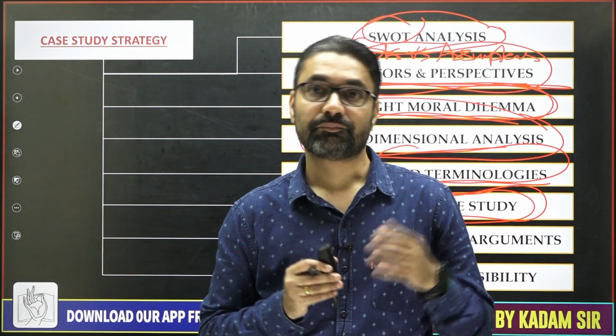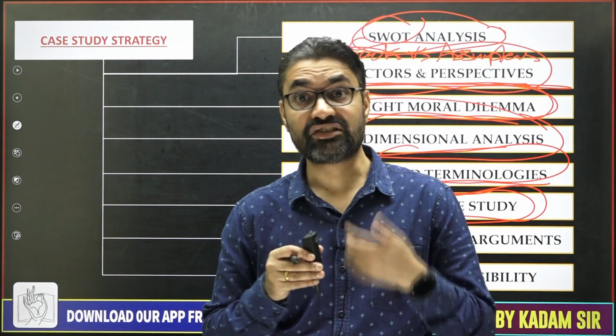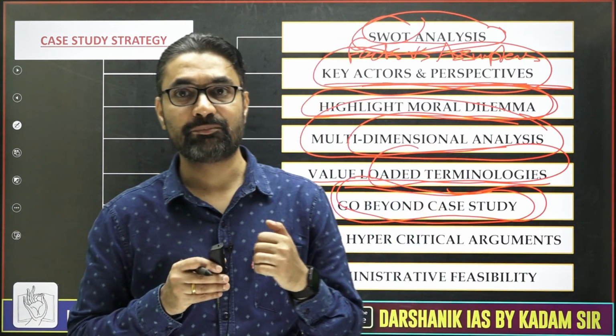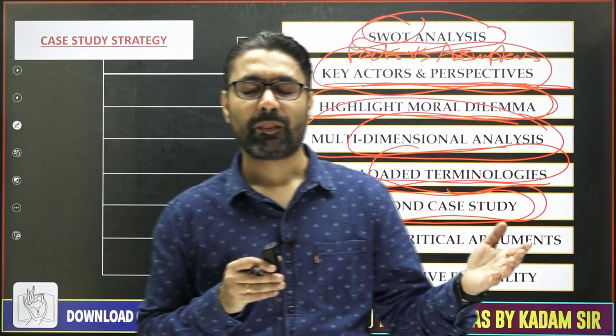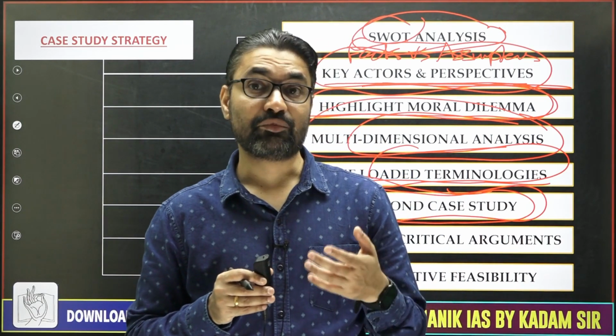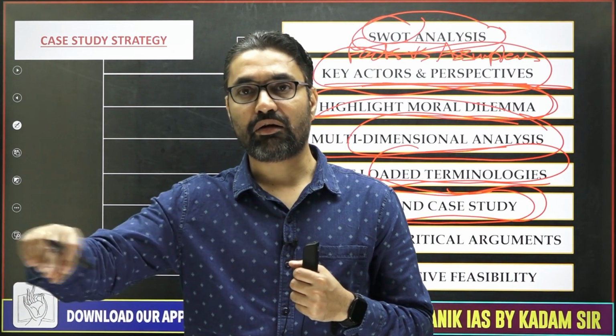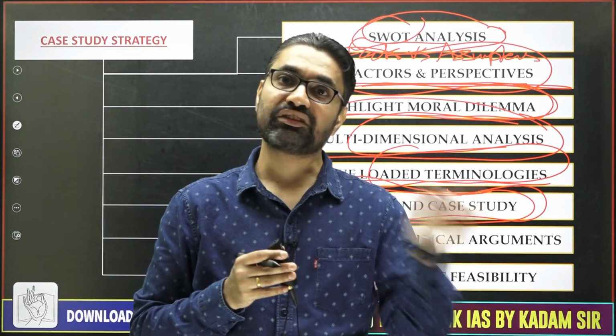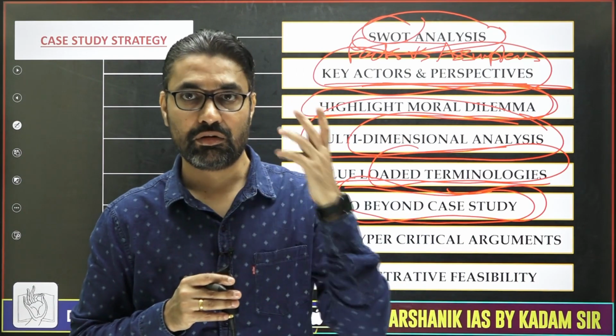You can go beyond the case study and consider calling the chief ministers of the neighboring states, or ask your chief minister to discuss with them, or ask them to declare some border area of 10 kilometers as a buffer zone where even those states will not allow alcohol drinking.